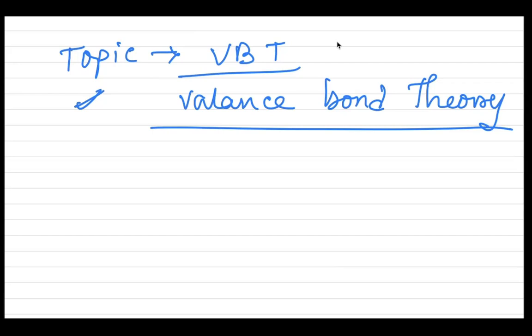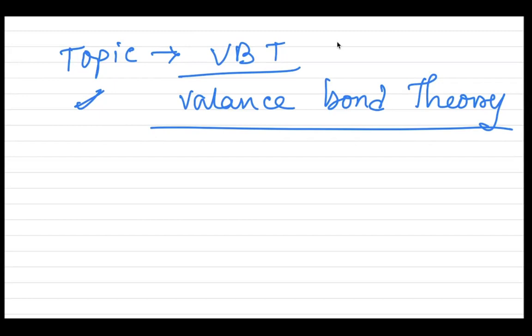VSEPR theory gives us an idea of the geometry and shape of a molecule, but it is not applicable for all molecules. A molecule looks tetrahedral. Why is it tetrahedral? We cannot understand that with the help of VSEPR theory.